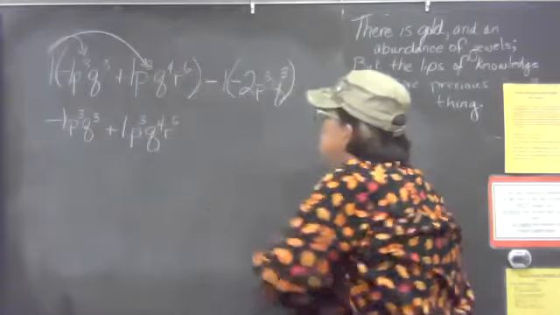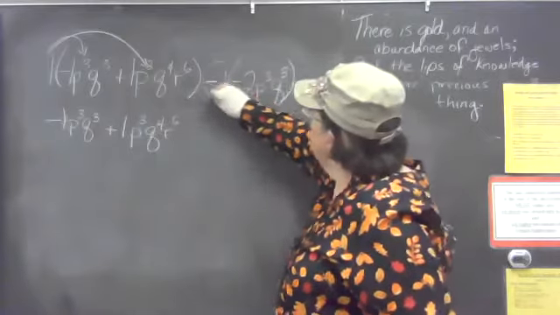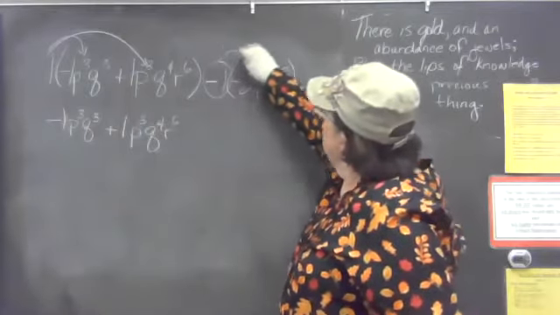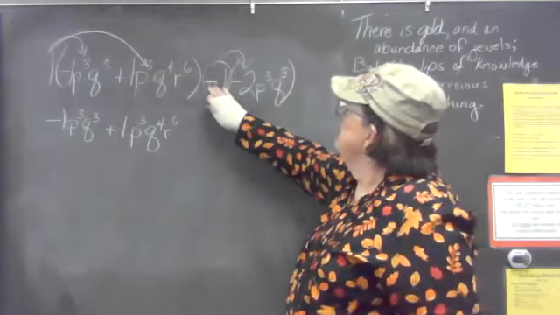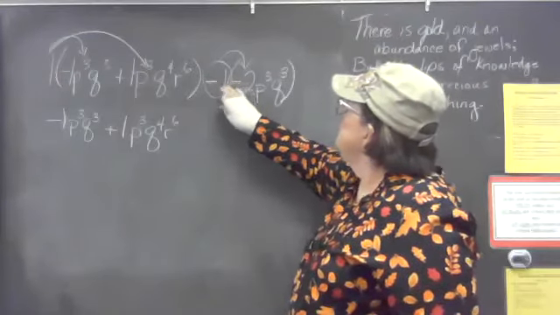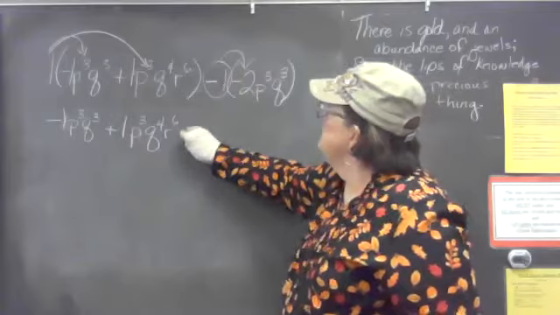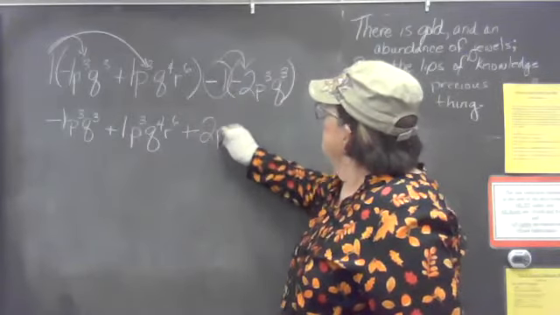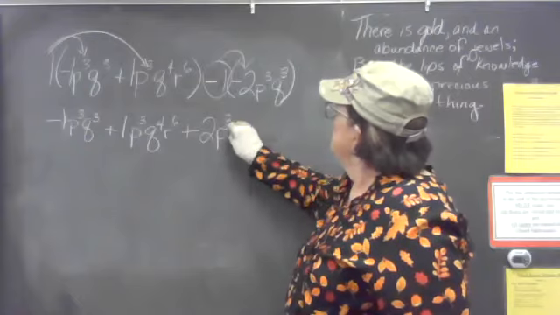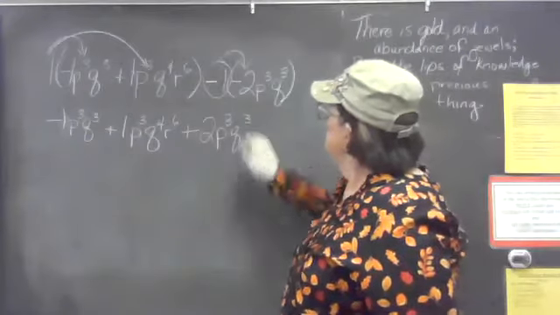Now I'm at the second set of parentheses, and I see a negative 1 times all of this parentheses. So a negative 1 times a negative 2. Negative times negative is positive. 1 times 2 is 2, P cubed, Q cubed.